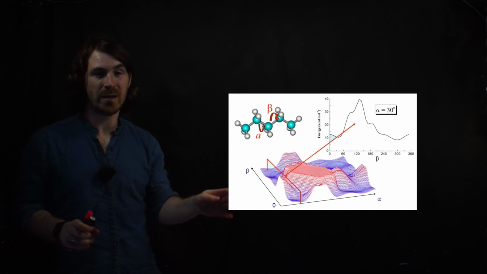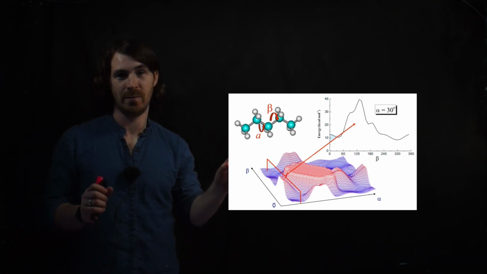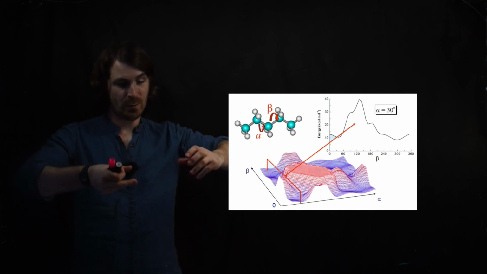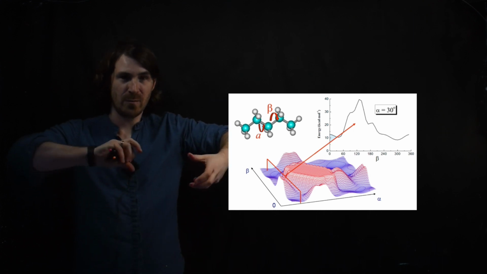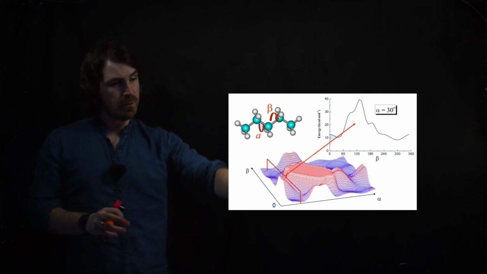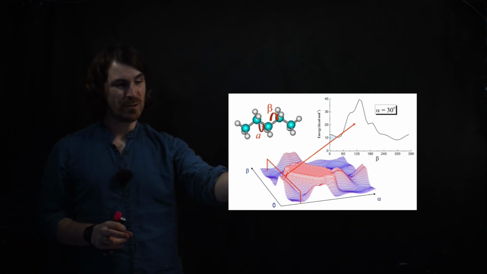Okay, so here's an example. Here is the energy of a molecule, and it depends on two angles, the angles at which two different sides of the molecule are rotated. So the vertical axis of this surface is the energy of the molecule.